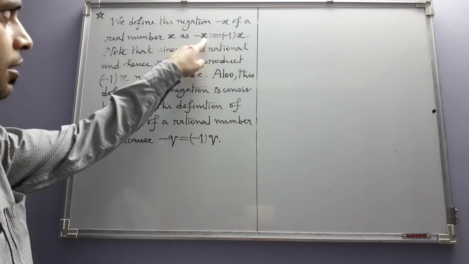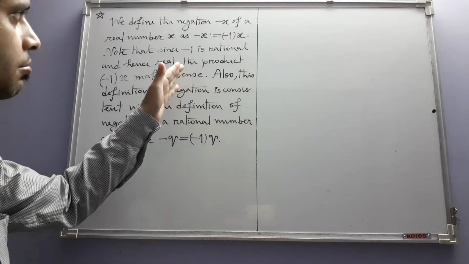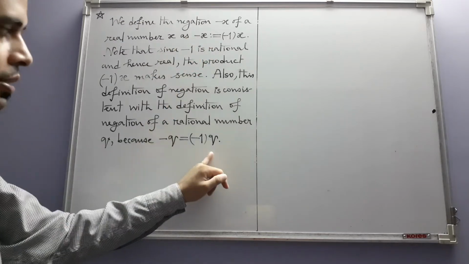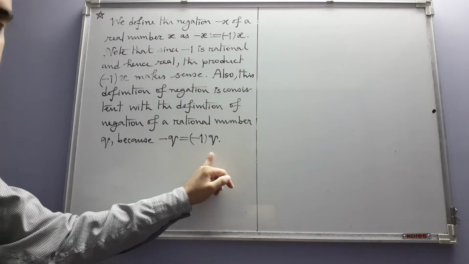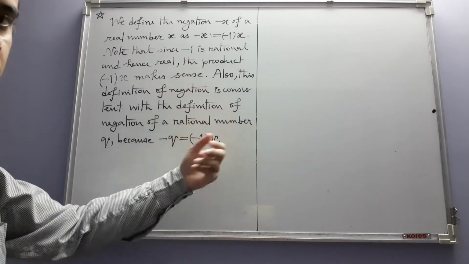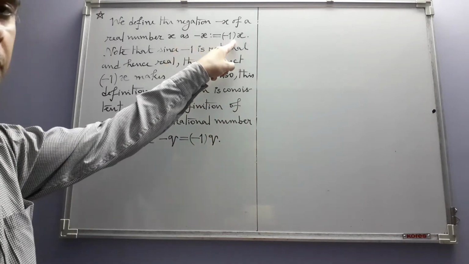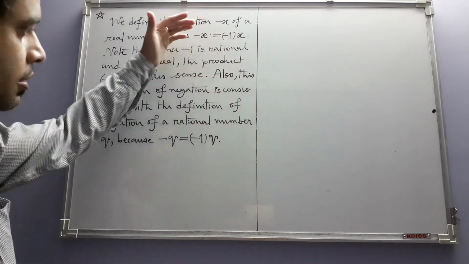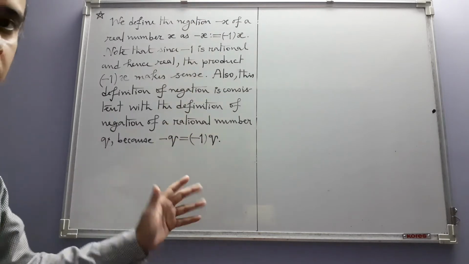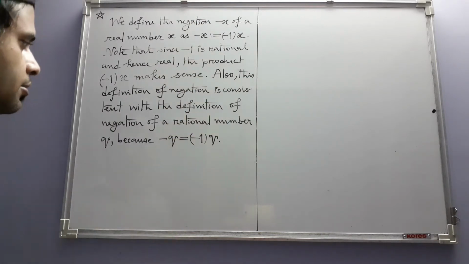So if the real number originally happens to be a rational number, then because of this identity which is already true in the system of rational numbers, and because of our embedding of the rational numbers into the real numbers, and because of the way we have defined negation for real numbers, the two things are consistent. There is no inconsistency between these two things.